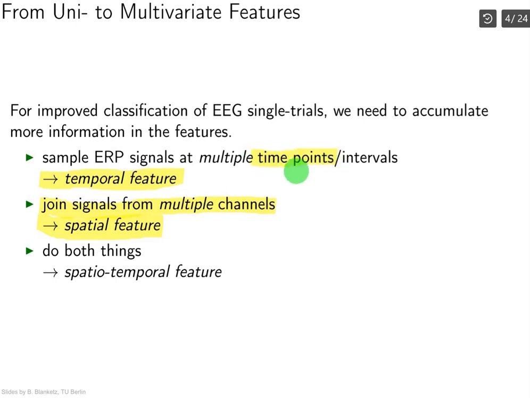Spatial features relate to the space in the head, for example, which part of the scalp we are recording: frontal, occipital, temporal, or parietal lobes. We can also combine the two together, then construct the spatial-temporal feature vector or matrix. So these are the terminologies used. Temporal features relate to time points, spatial to channels, space. Both relate to spatial-temporal features.